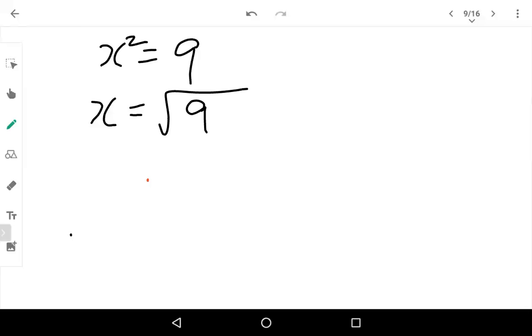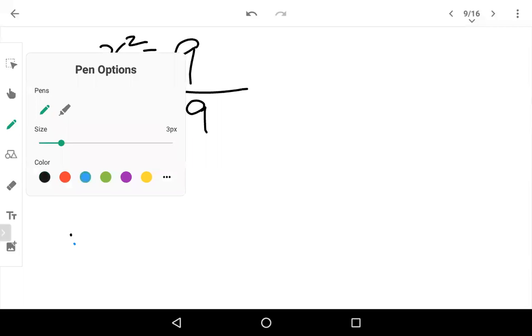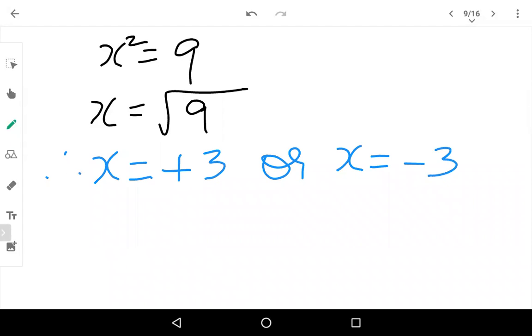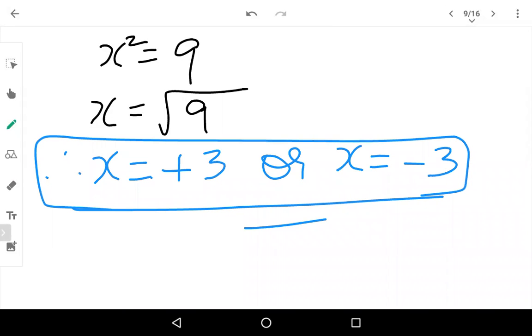Therefore x is equal to plus 3 or x is equal to minus 3. This will be your answer. Everybody got it now? x is equal to plus 3 or x is equal to minus 3.